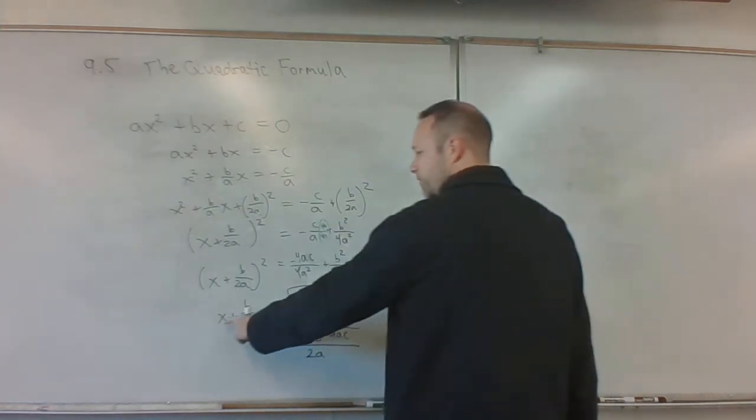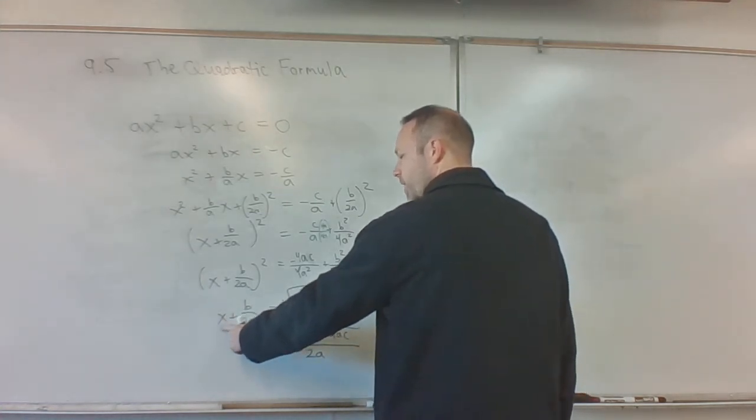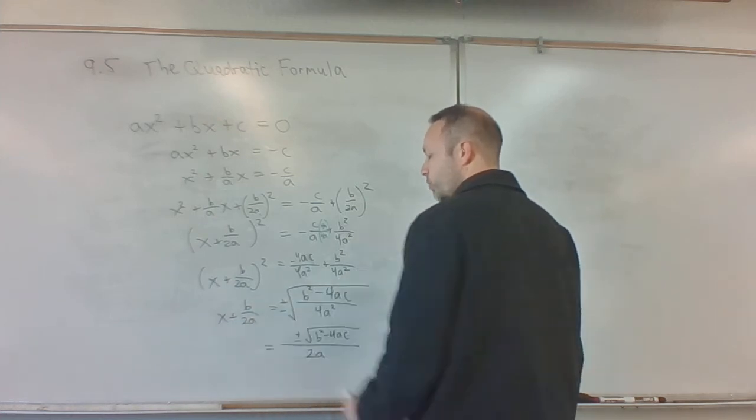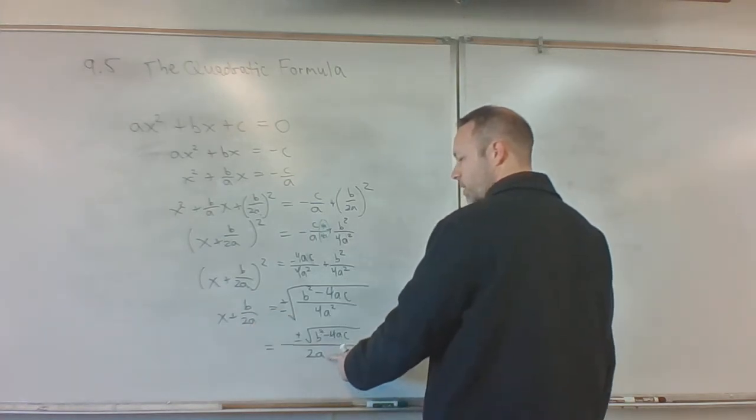Now I haven't done this yet, but in order to finish solving for x here, I need to subtract b over 2a from both sides. Now notice I have a 2a on the bottom here and a 2a on the bottom here.